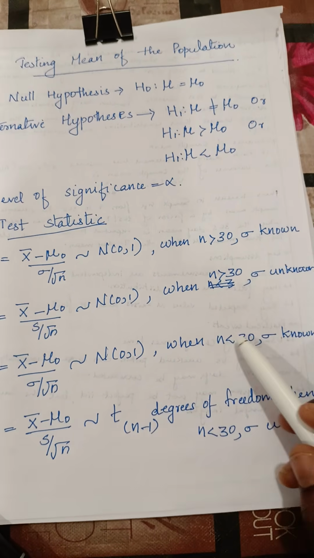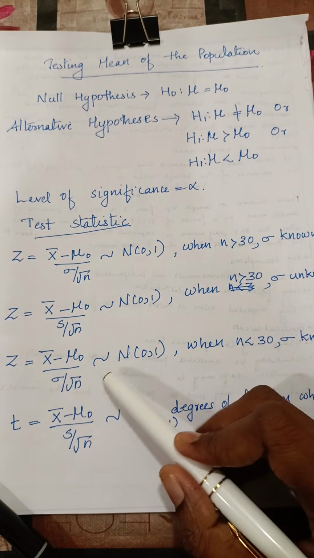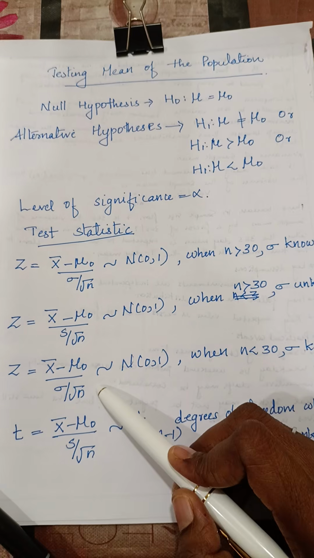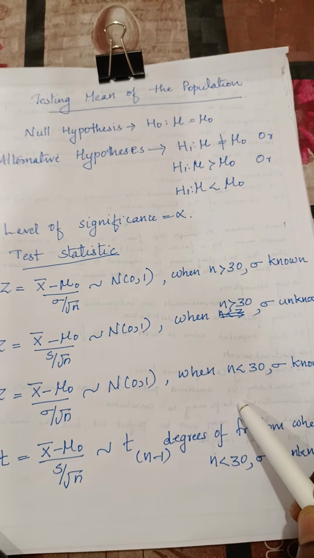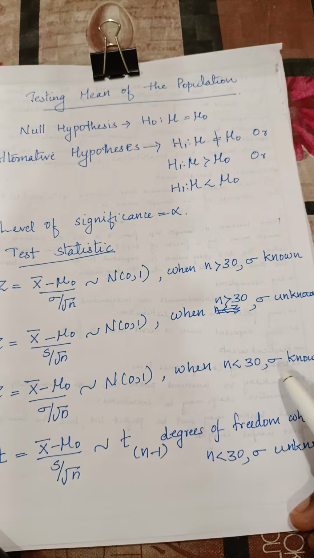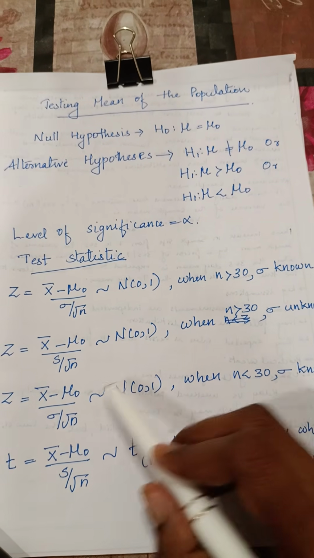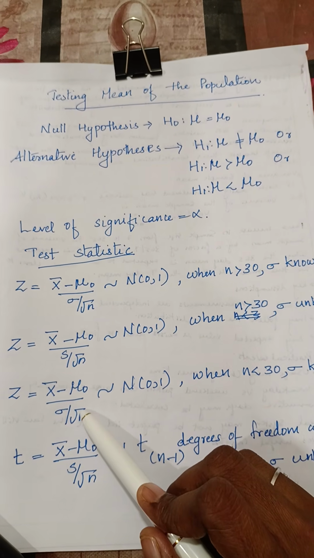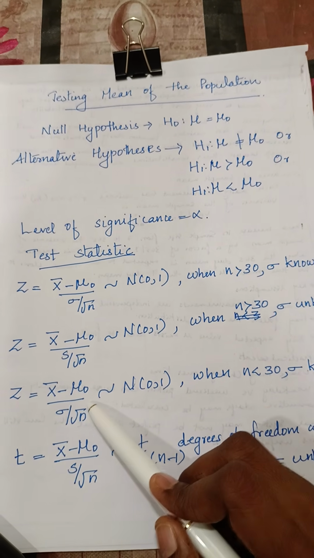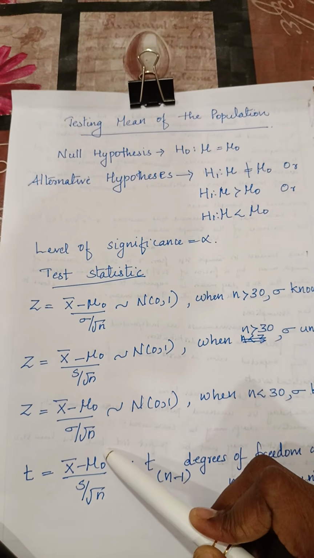So when the sample size is less than 30 and sigma is known, we will be going for the Z test again. So n is less than 30, that is for small samples. When the population standard deviation is known, again we will be using the standard normal test, the Z test. So here the test statistic is x bar minus mu naught divided by sigma by root n.